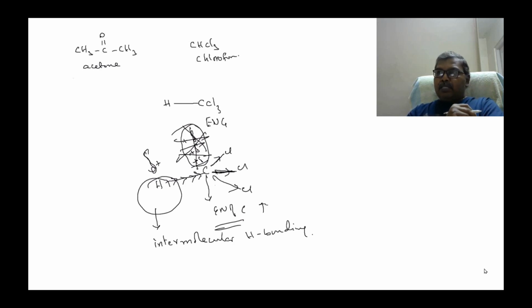So, to compensate the partial positive charge developed on the carbon, it pulls the bond pair of electrons towards itself in the CH bond. So finally, hydrogen acquires more partial positive charge and becomes acidic and is able to form intermolecular hydrogen bonding.